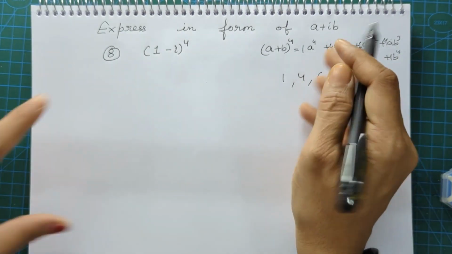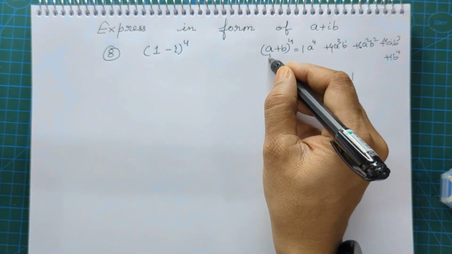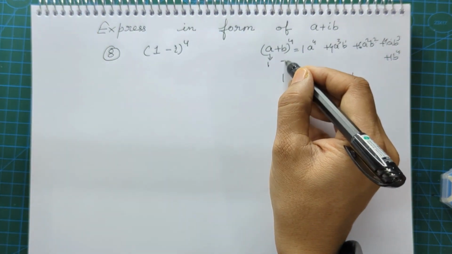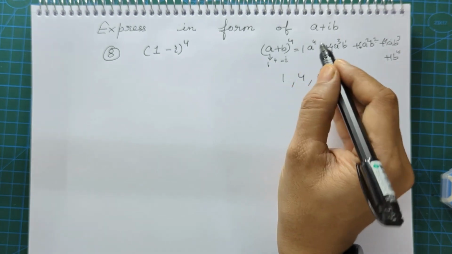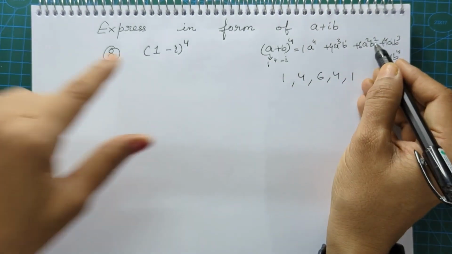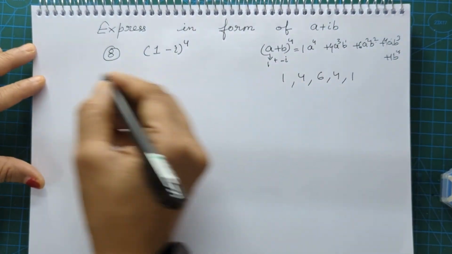Here, when we compare these two, a is 1, b is negative i. So the plus symbol exists, so we will write its expansion terms in this form.